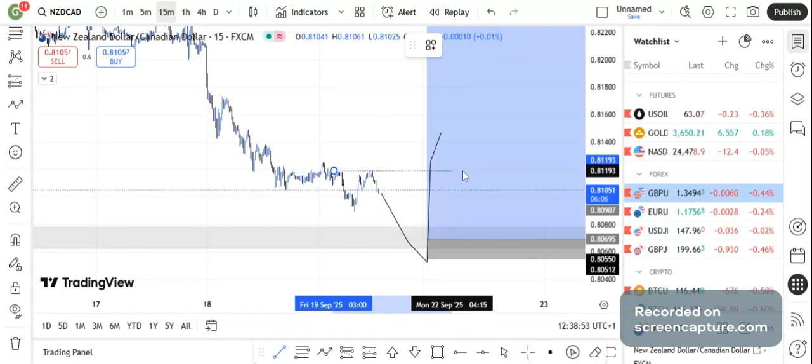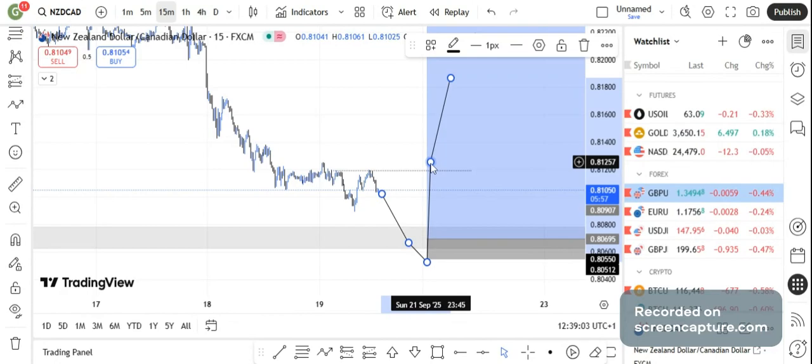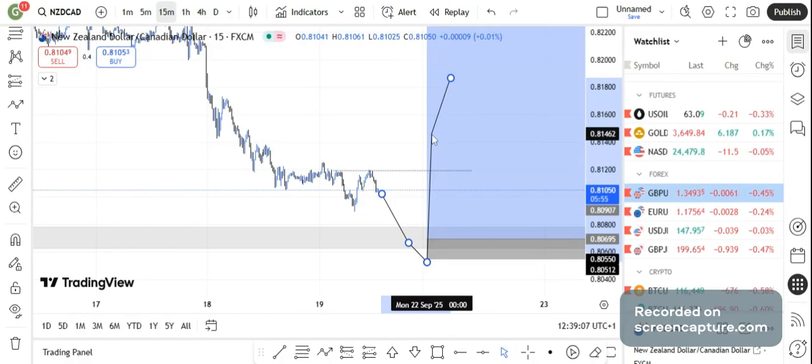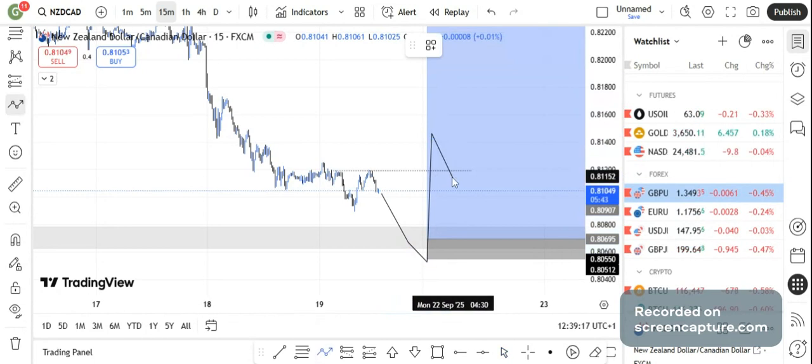So what I just do is expect price to move up a little bit, and then we wait for a retracement back here. Then the next thing you should expect is a boom to the top side. You expect an entry to the top side.